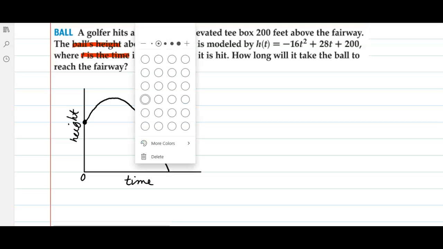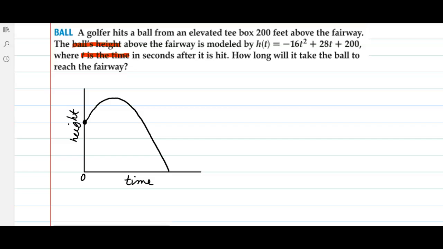This point right here is going to be our vertex still, and it's going to have the x value in time, and it's going to have the y value as the maximum height.